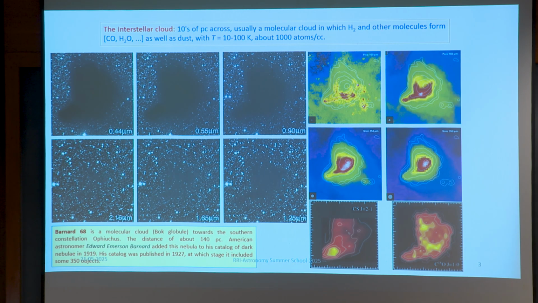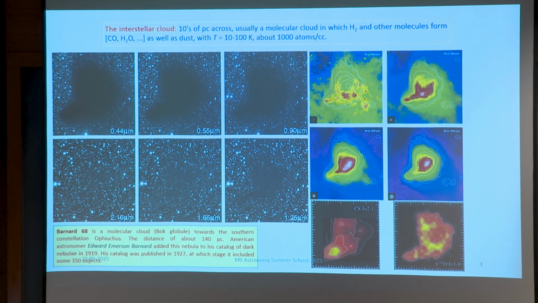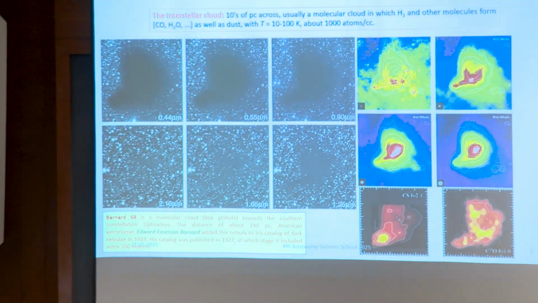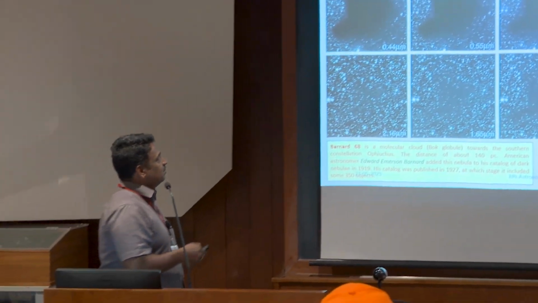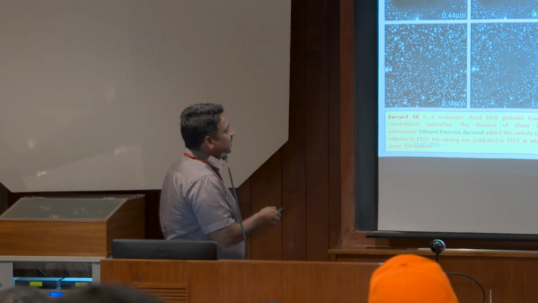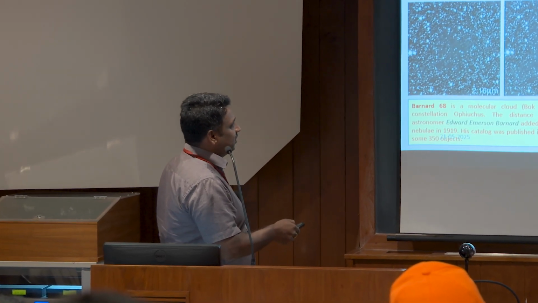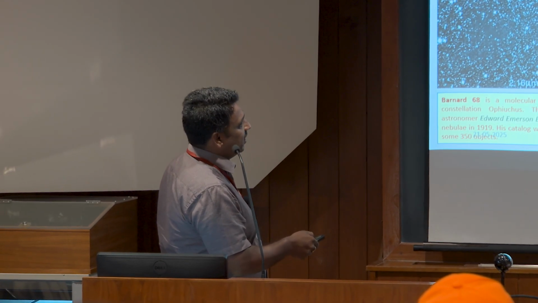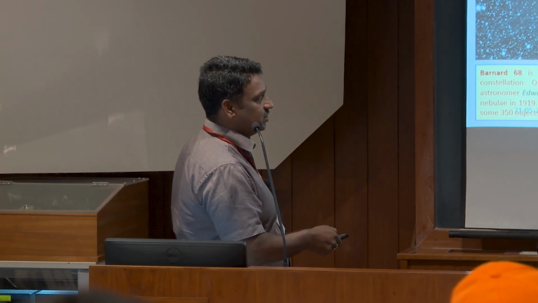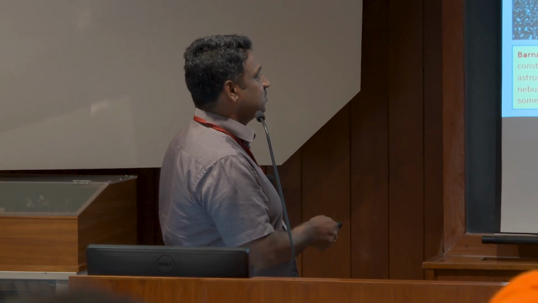And initially people thought that these are holes in the sky, because you're not seeing anything behind. But then if you progressively increase the wavelength of your observation, like 0.5, 0.9, you are in the infrared regime, which is 1.25, 1.65. When you come to 2 micron, your cloud is actually invisible, right?